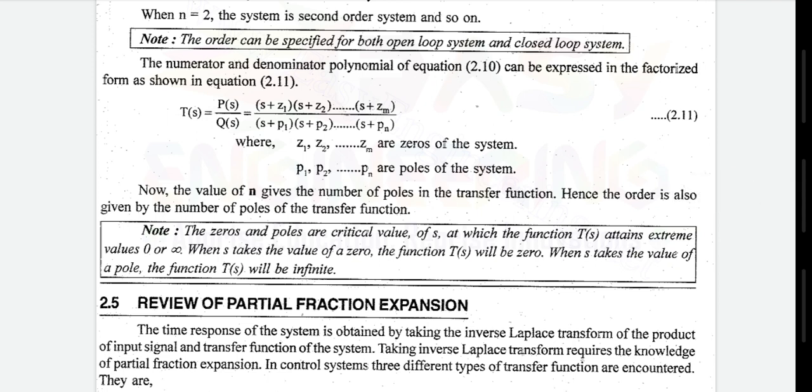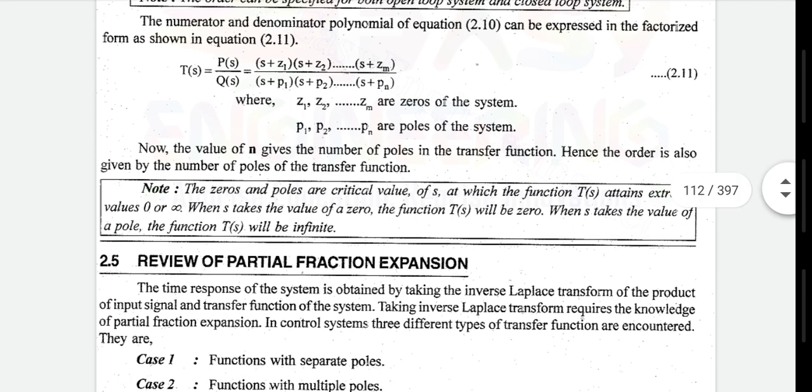We have expressed the factorized form of the numerator and denominator polynomial. Based on these, we have derived the zeros and the poles of a system. For the numerator polynomial, if you obtain the roots, you express them in the form s plus z1 into s plus z2 and so on up to s plus zm. Those z1, z2 up to zm are the zeros of a system.